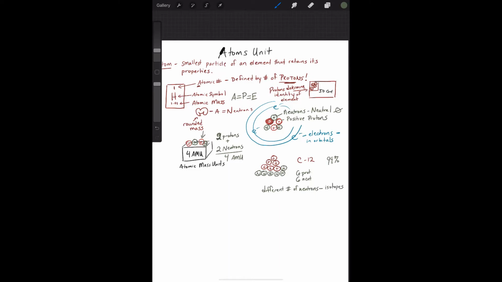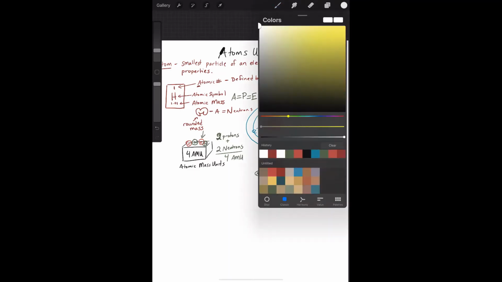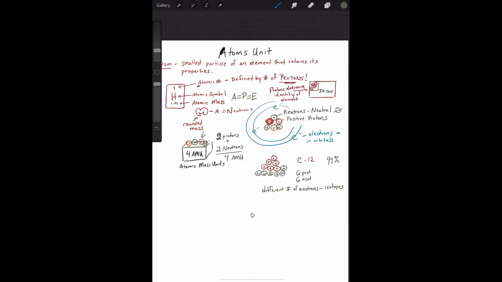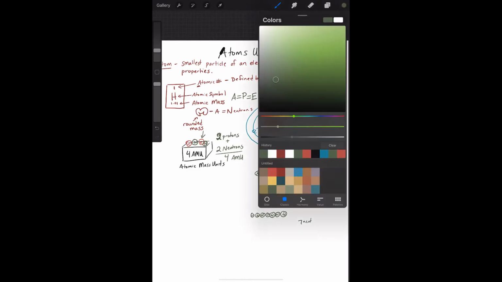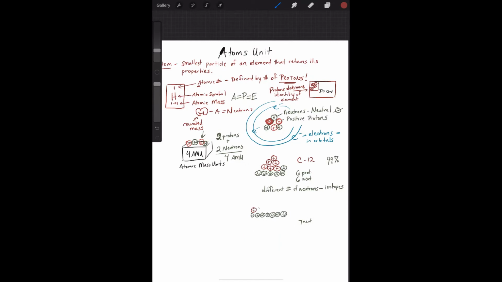When we look at carbon, we have 12.01 typically written on the periodic table for the mass. That's because about one out of every 100 has not 6 but 7 neutrons, and 6 protons.